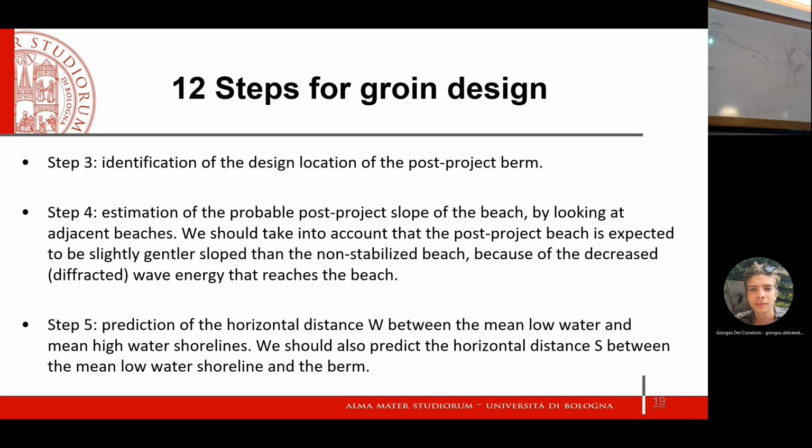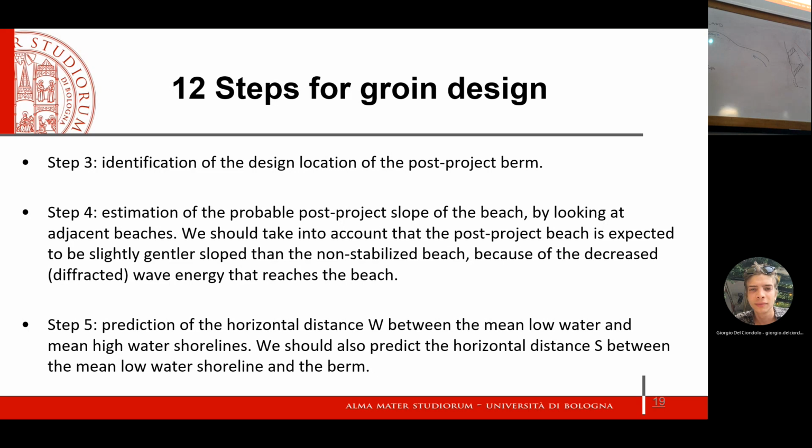Because we also have to understand at this stage W. We have to estimate W, which is the distance between the low water and high water shorelines. And we should also predict the horizontal distance S, which was indicated in the figure, between the low water shoreline and the berm.